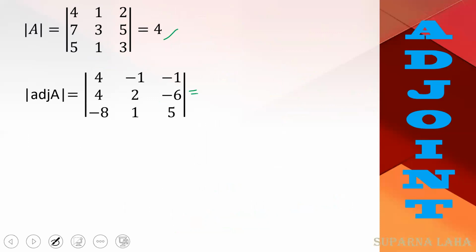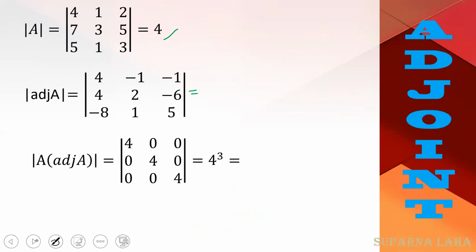Now, one thing, there is A into adjoint A. The determinant of this is given by the determinant of this matrix, that is 4, 0, 0, 0, 4, 0, and then 0, 0, 4. Now for a determinant, take common 4 from the first row, 4 from the second row, and 4 from the third row.